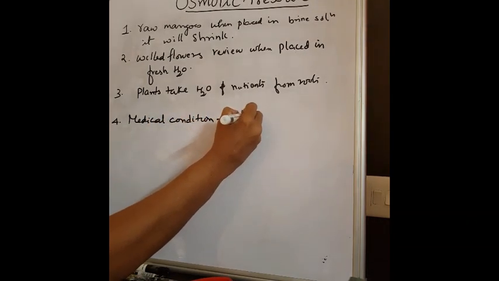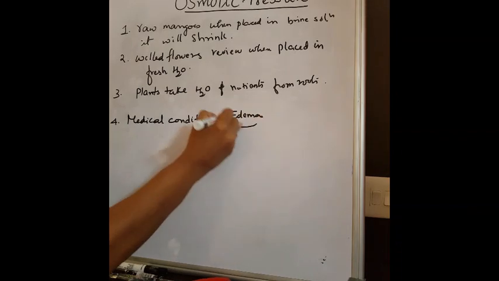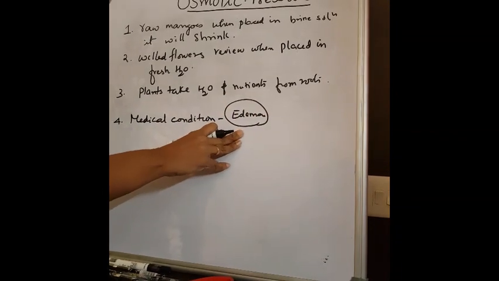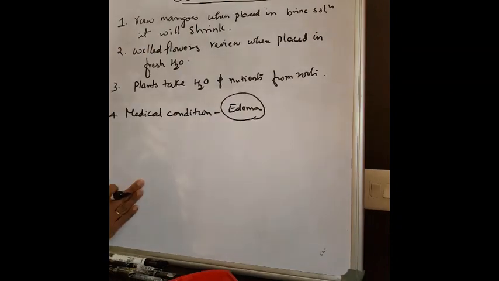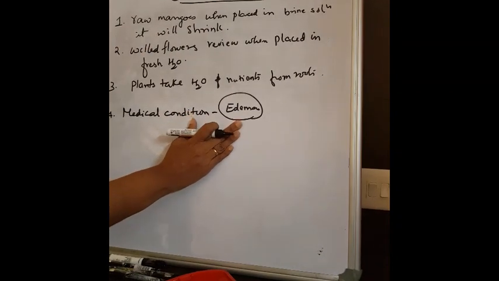Now, we will have another important example, that is the medical condition called edema. Have you heard of that? You can explain this edema in terms of osmosis. What is exactly edema?